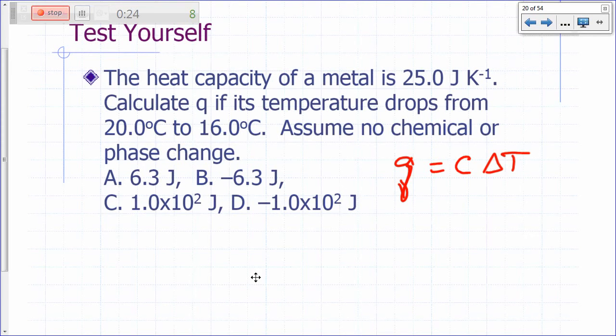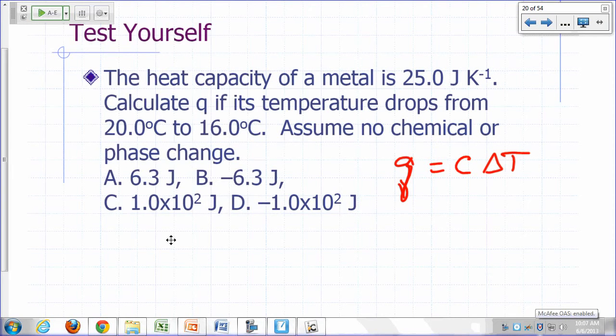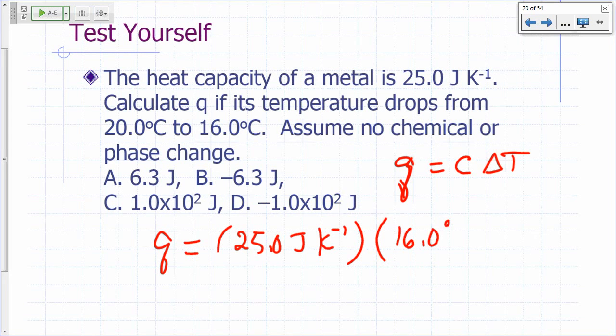What is it? D is a popular answer. Let's see if D is the correct answer. Q equals heat capacity, which is 25.0 joules per Kelvin, times delta T, which is 16.0 degrees Celsius minus 20.0 degrees Celsius.